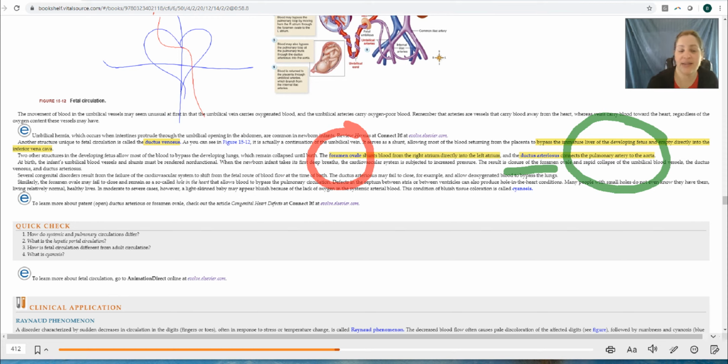What this one does is if any blood happens to go this way, we don't want it to, but let's say it happens to make it through, it misses the detour, that blood is going to go straight back up to here. It connects the pulmonary artery. Oh, sorry. It doesn't go in there. It goes from here over to here and joins in the aorta. So it kind of makes sure that everybody gets to where they're supposed to go.